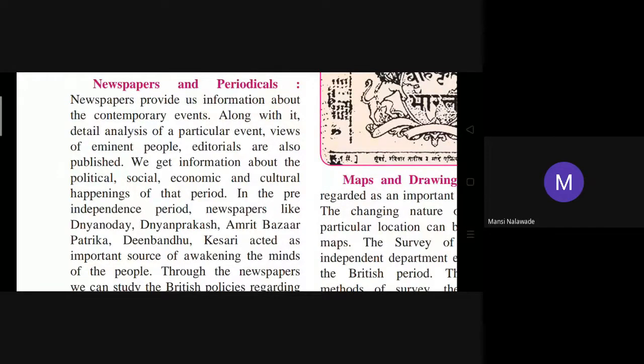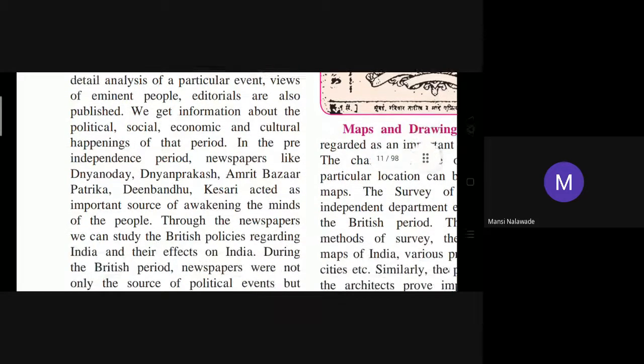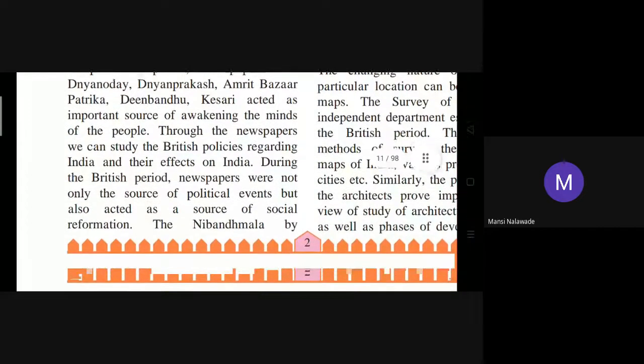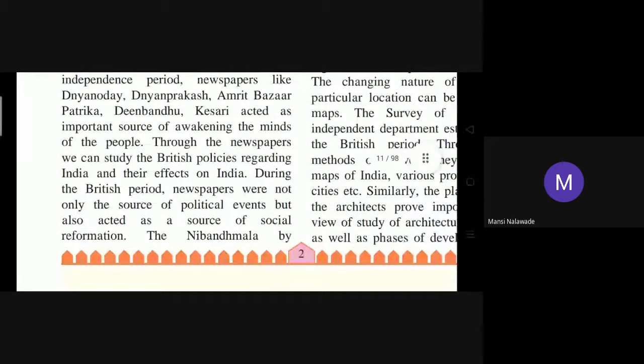In the pre-independence period, newspapers like Dnyanodaya, Dnyan Prakash, Amrita Bazar Patrika, Dinbandhu, Kesari acted as important sources of awakening the minds of the people. Through the newspapers, we can study the British policies regarding India and their effects on India.